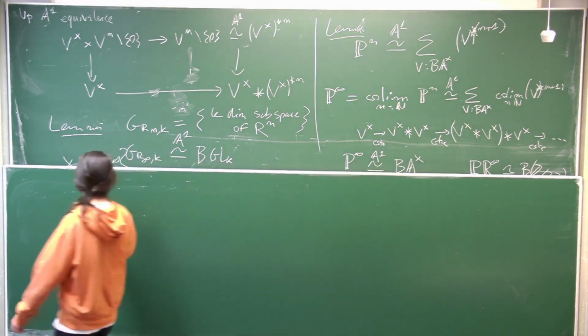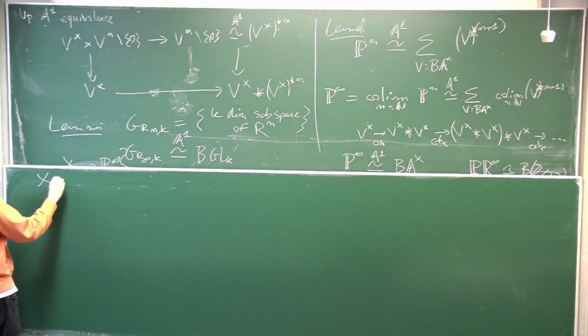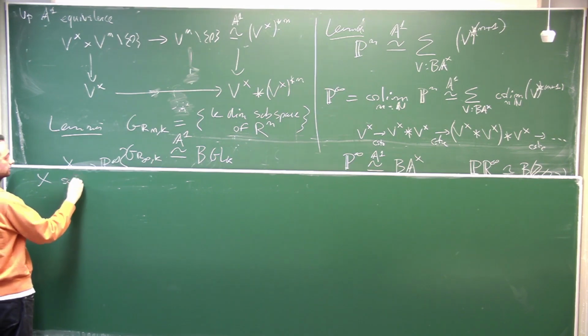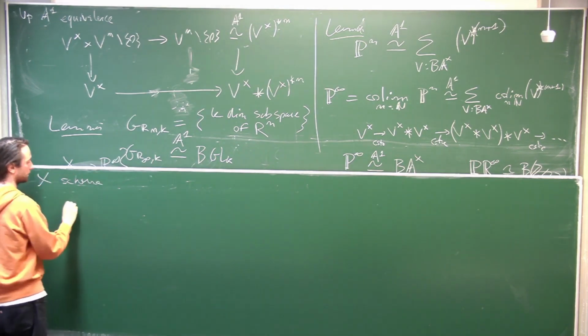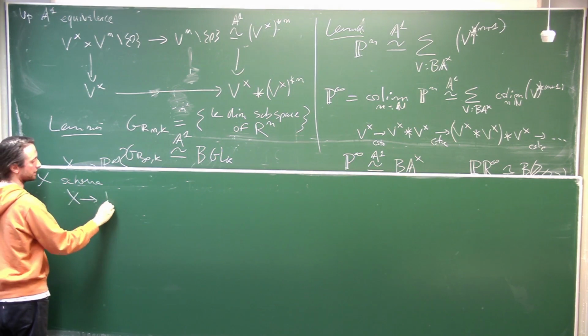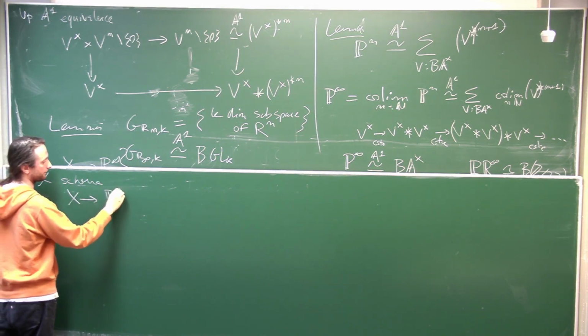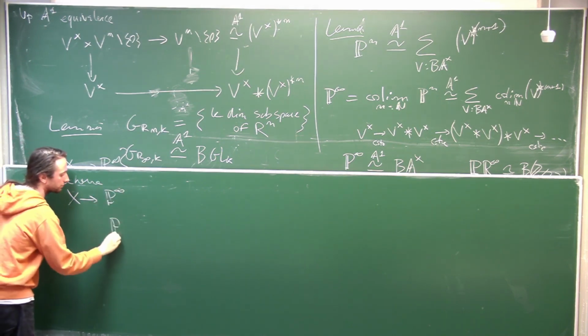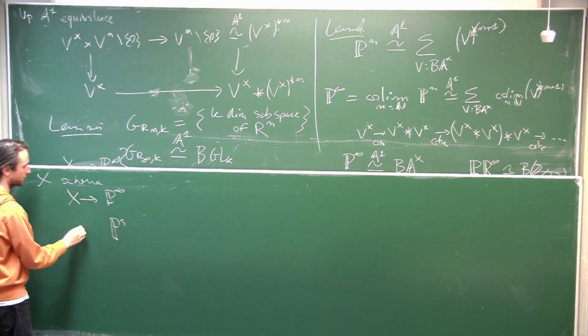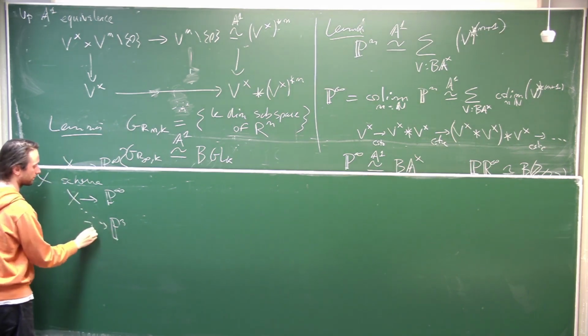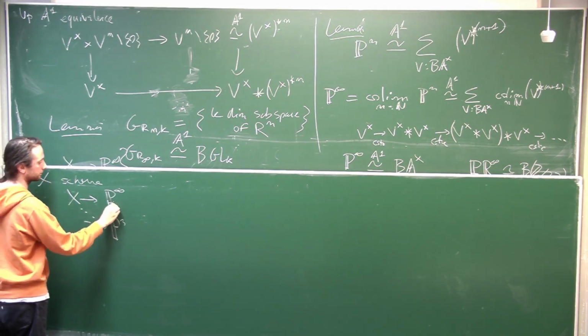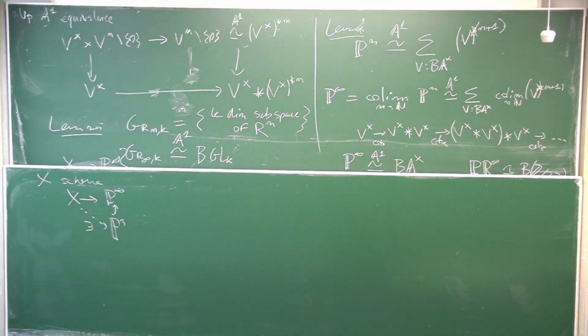So let me try to summarize this. If X is a scheme, we know that any map from X to P infinity factors through Pn for some n. And from here, do we know what maps into Pn classify?